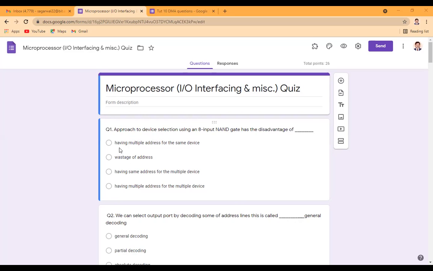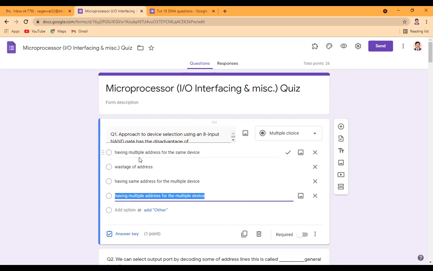The options are: having multiple addresses for the same device, wastage of addresses, having the same address for multiple devices, or having multiple addresses for multiple devices. And the answer is, if we are using an 8-bit NAND gate for selection of the device, then we can get multiple addresses for the same device.